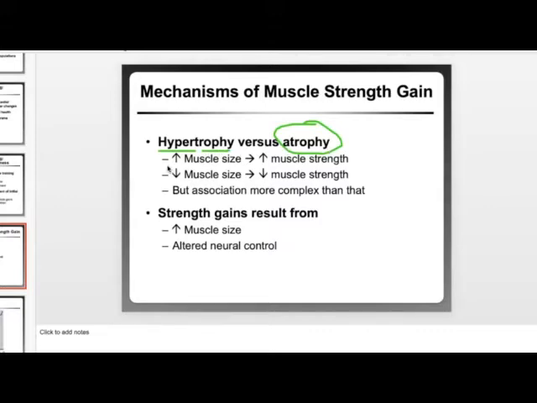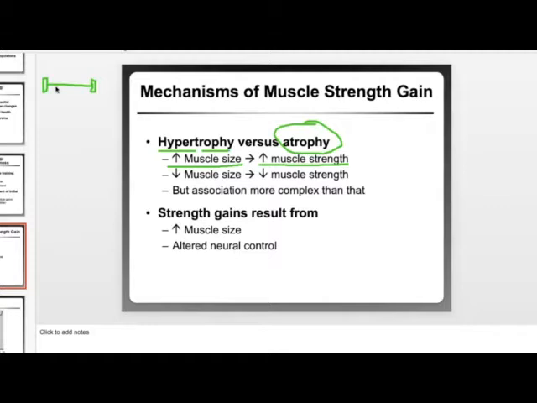A typical general rule is that increase in muscle size is equal to increased muscle strength, and vice versa. But it's not always as easy as that. Say, for instance, Cassie is doing the bench press and she feels like she can't lift the weight anymore, she's lifting as hard as she can, even though her muscles are not increasing in hypertrophy.